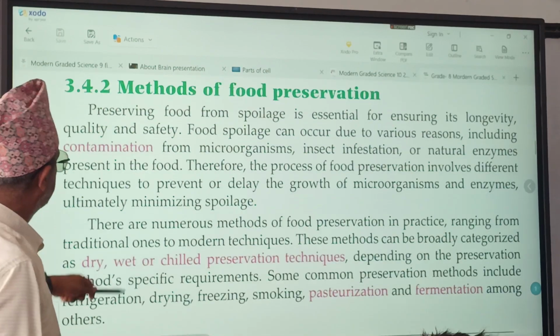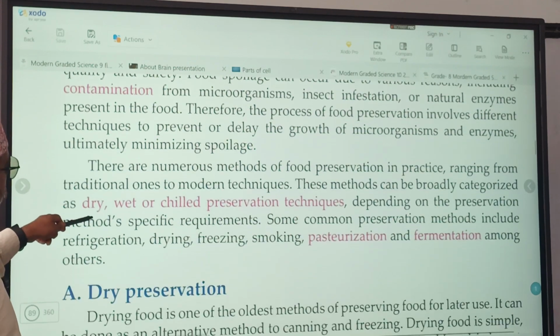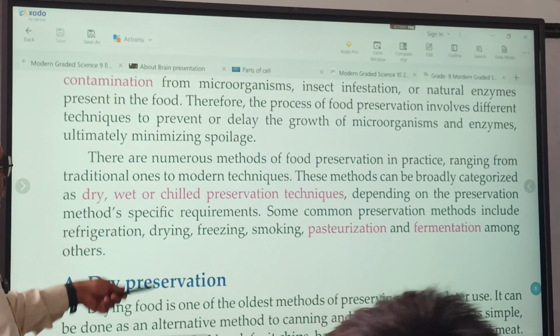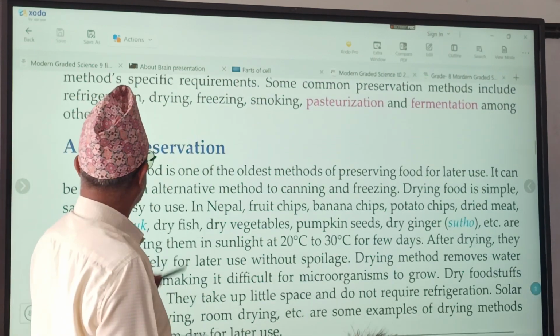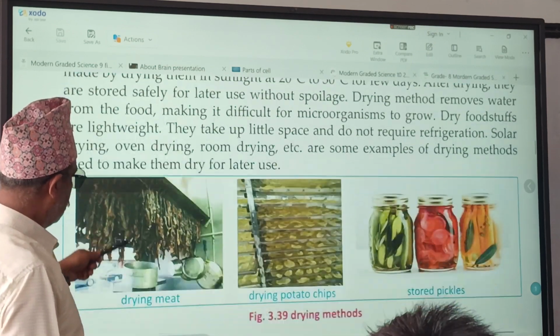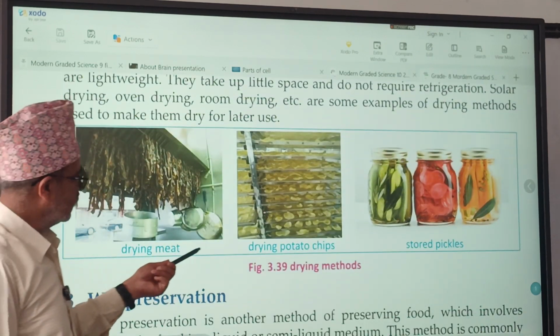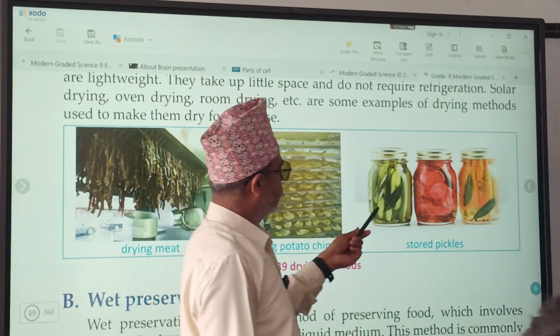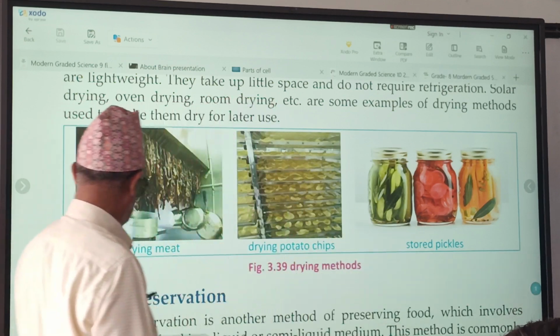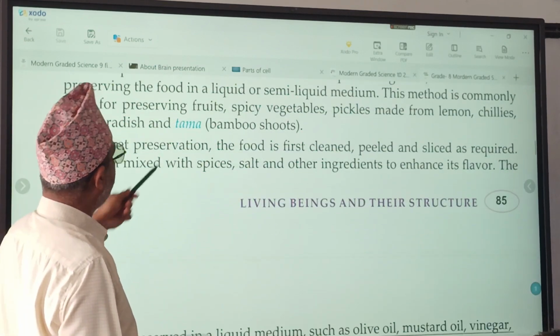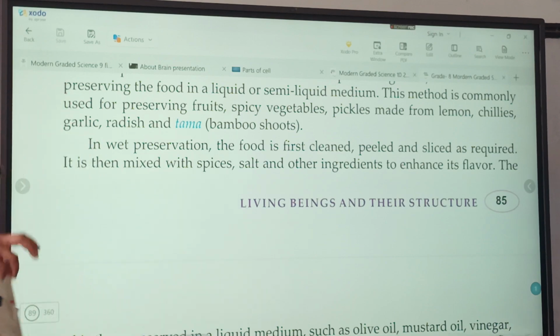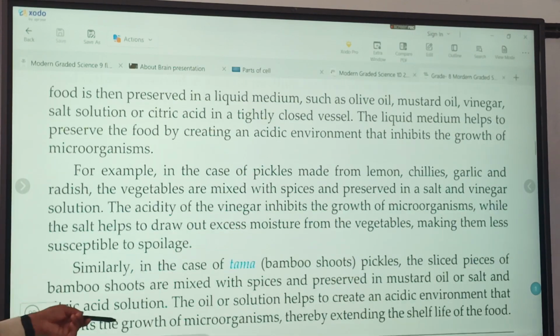Methods of food preservation, right? It's given here: dry, wet, chilled, pasteurization, fermentation. Drying meat, drying preservatives, stored pickles. They are stored. And wet preservation, they are kept in water, right?